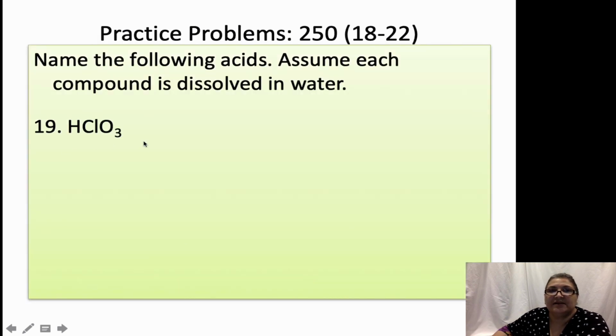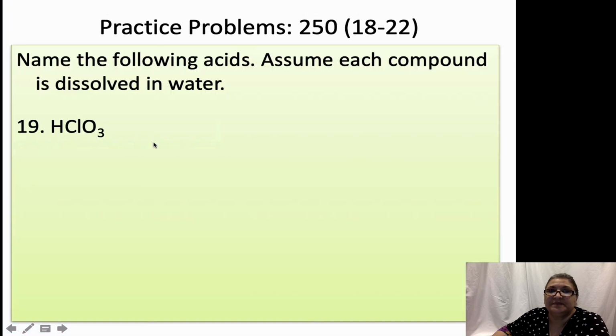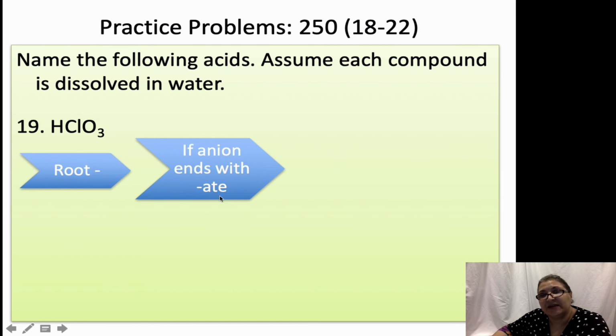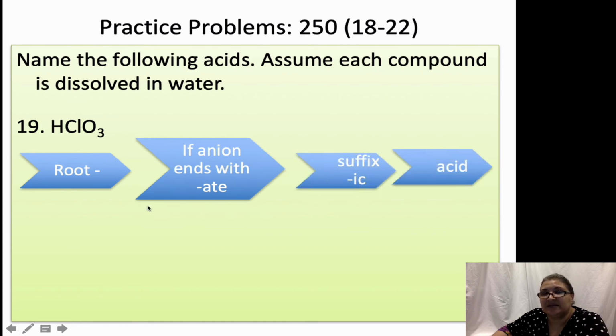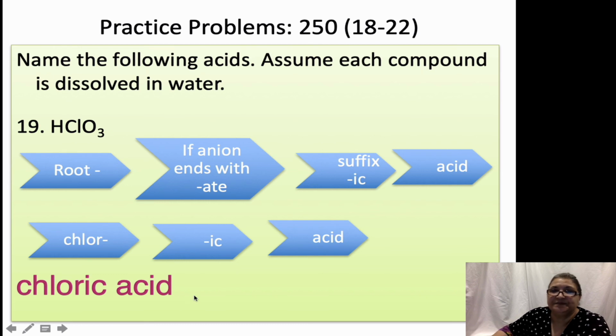This one is a polyatomic. So right here on the polyatomic chart, it's chlorate. And we said if it's chlorate, it gets an IC plus the word acid. So chloric acid, just chloric acid.